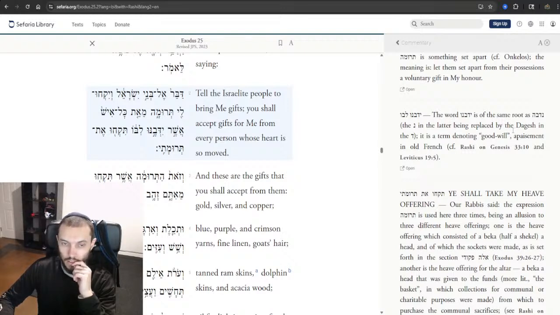The word Yidevenu, I think that's Yidevenu, is the same root as Nedeva.